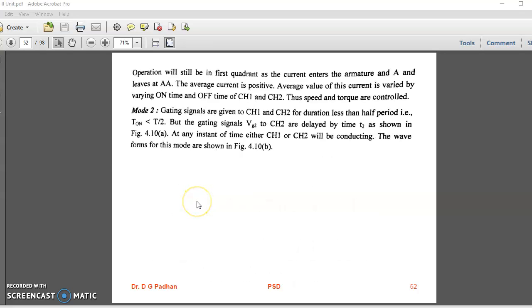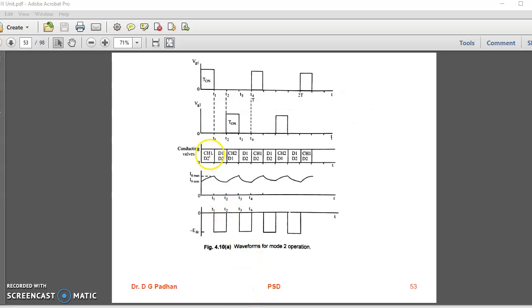Coming to mode 2, in mode 2 gating signals are given to chopper 1 and chopper 2. For the duration when the on period is less than T by 2, less than half of the chopping period, the gating signal VG2 to chopper 2 is delayed by time t2.